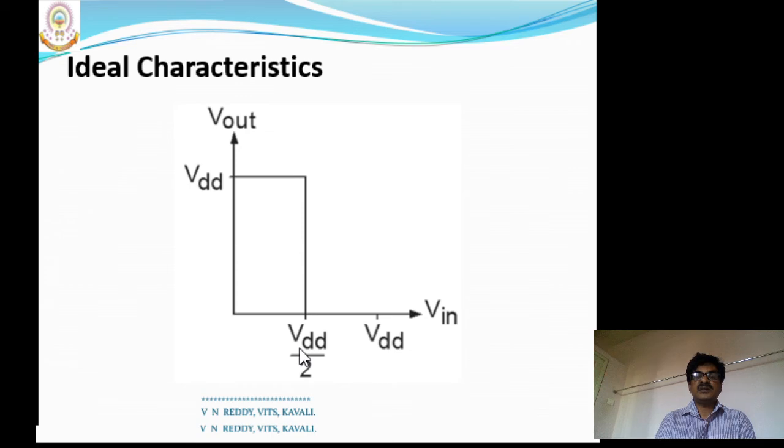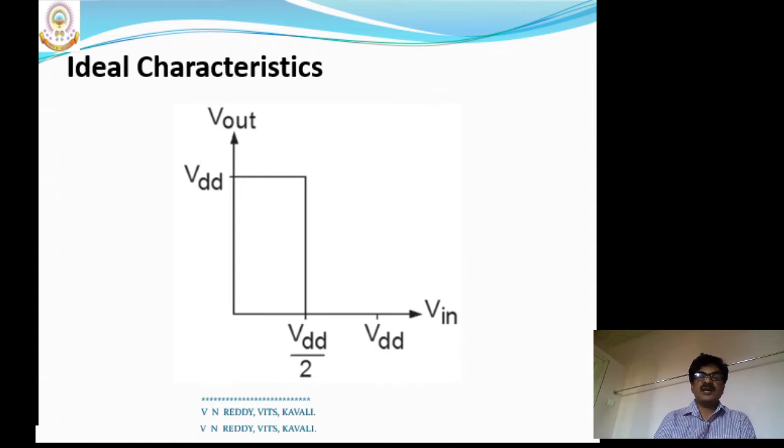So the input voltage where the output changes from logical high to logical 0 with reference to this curve is referred as the inverter threshold voltage. After that, whatever the input voltage, the output value is 0.